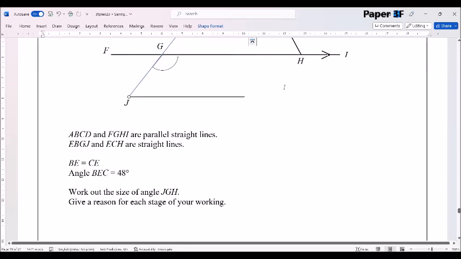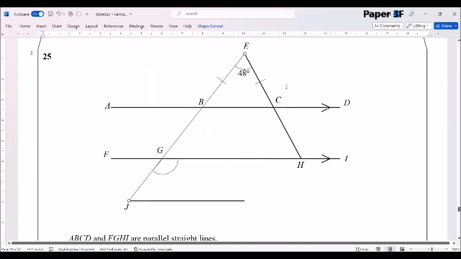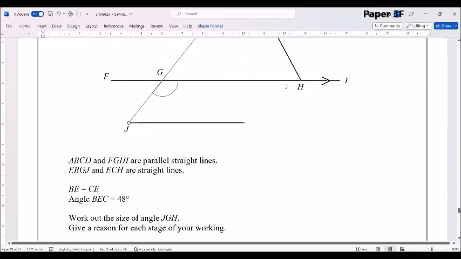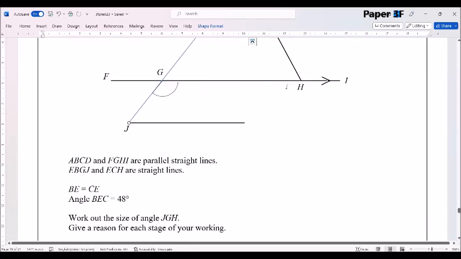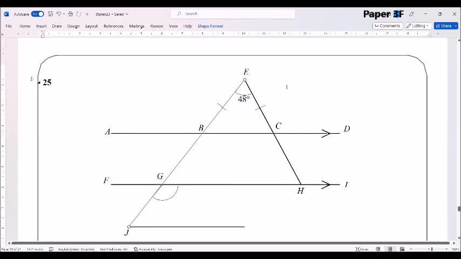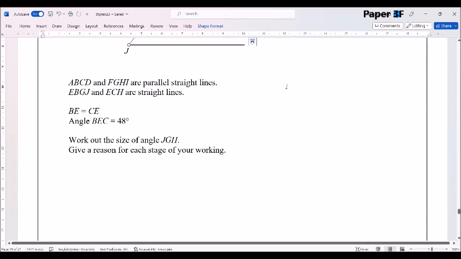A, B, C, D, and F, G, H, I are parallel straight lines. Then we've got E, B, G, J, and E, C, H are straight lines. CE is equal to BE, and angle BEC is 48 degrees. They've given us those. So work out the size of angle JGH.